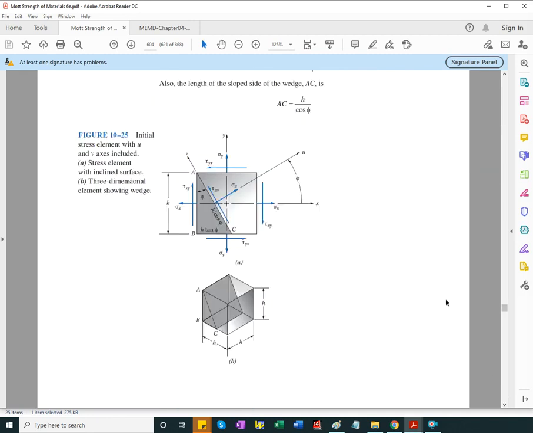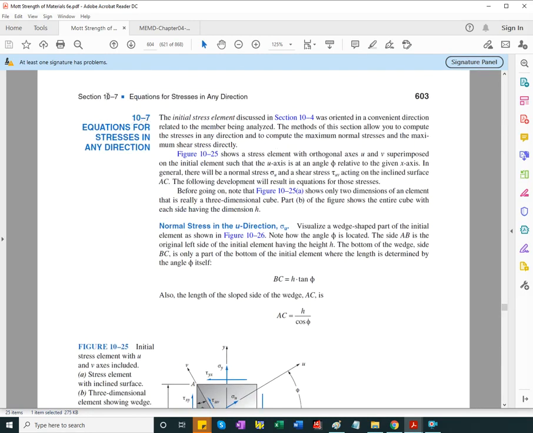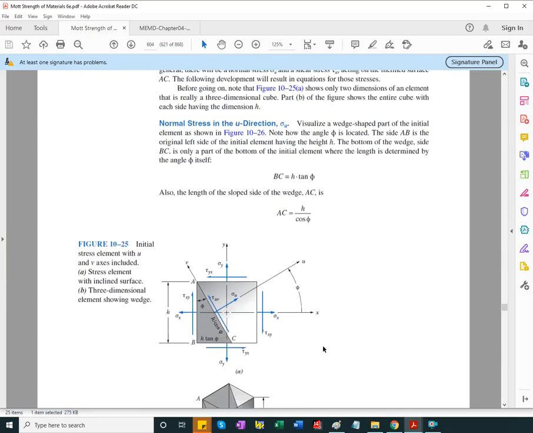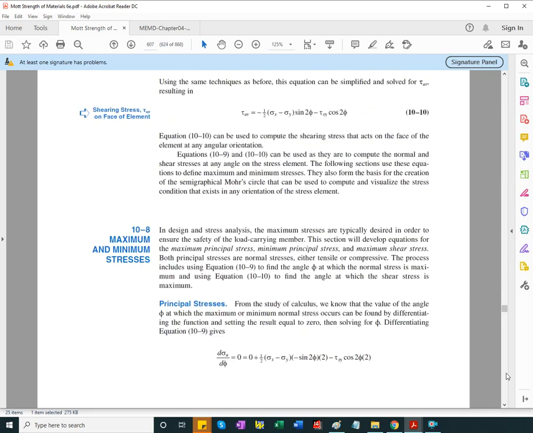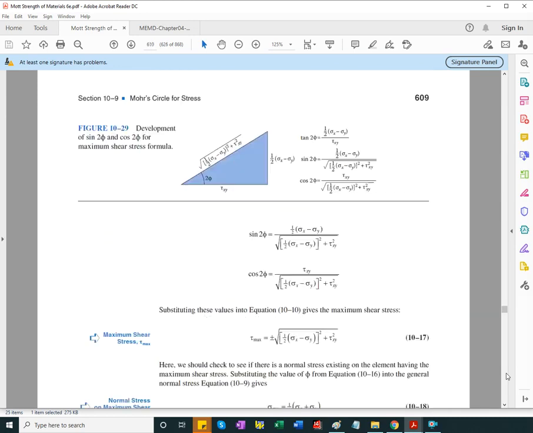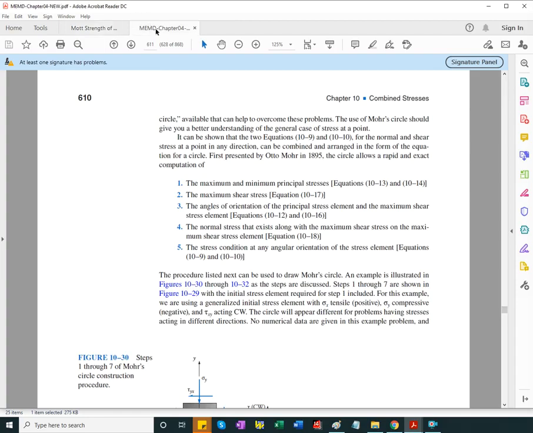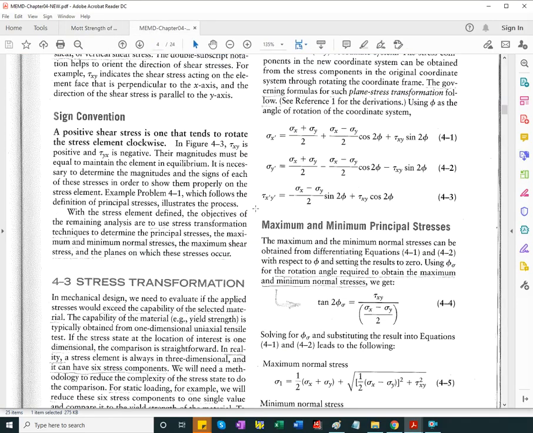So there is this part of chapter 10 of the Strength book where the relationship between stresses and the angle of rotation is explained by looking at the equilibrium of a portion of the original stress element. So it has to be in equilibrium, and slowly the equations that are presented directly in our book are derived, but we have them here again available.